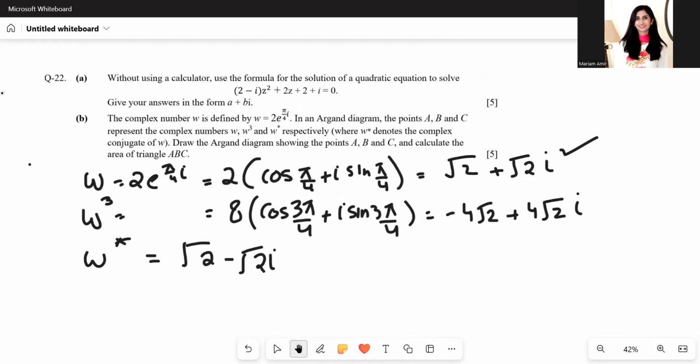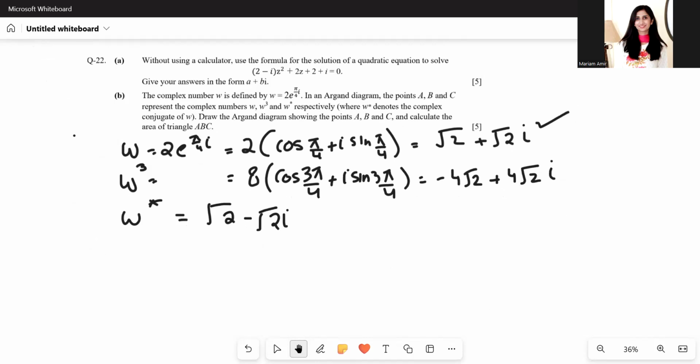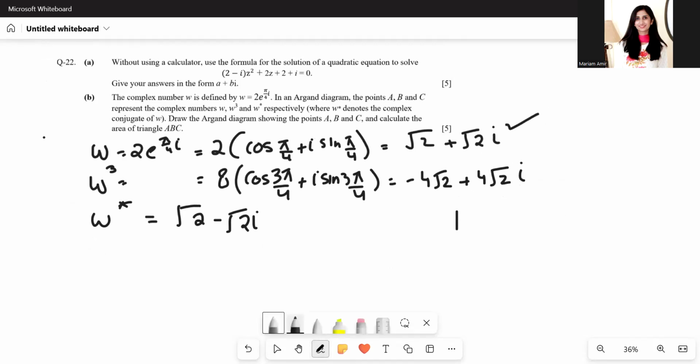Okay, now I'm going to draw these on an Argand diagram. So root 2 plus root 2 iota could be here. Let's say this is square root of 2, and then this would be square root of 2 iota.